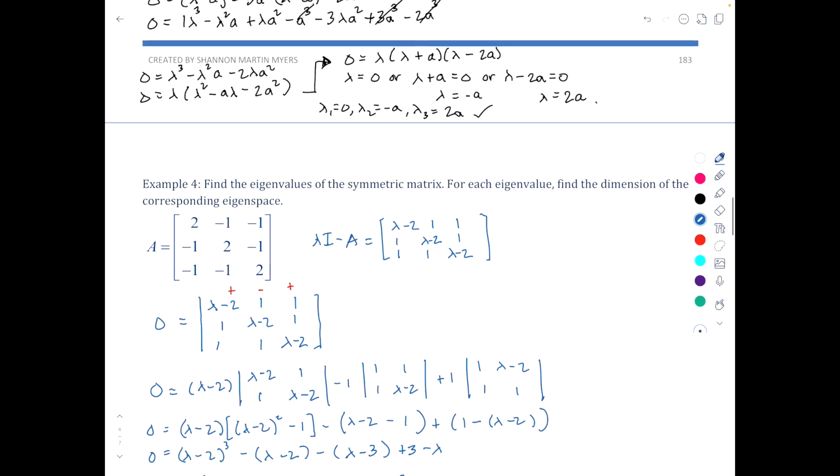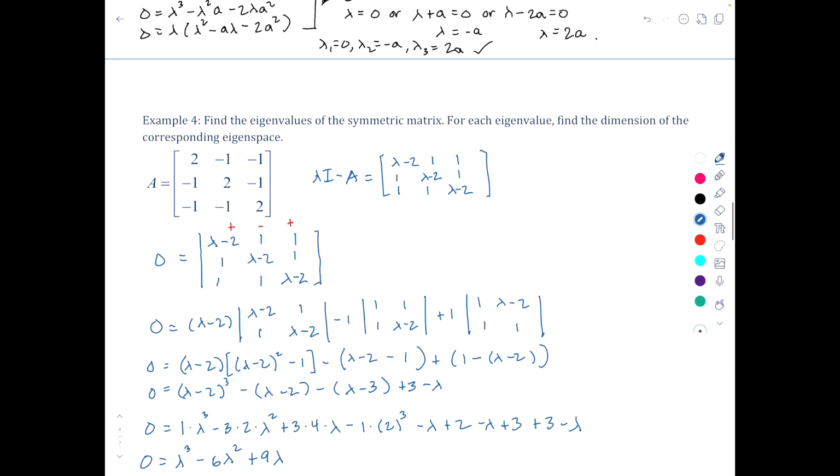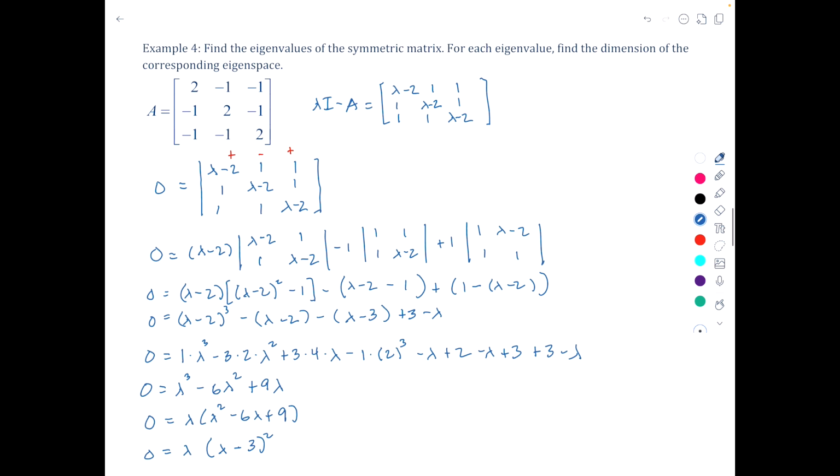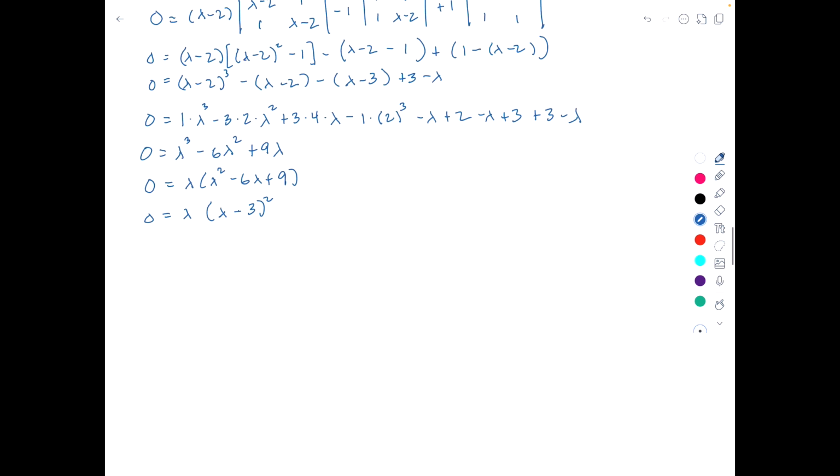And what are we asked to find? We just need to find the dimension of the corresponding eigenspace. So for lambda 1 equals 0, the dimension of the eigenspace is going to be equal to 1.